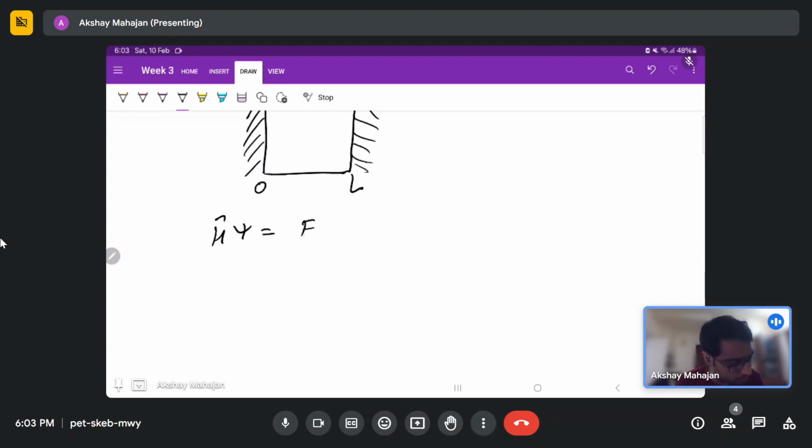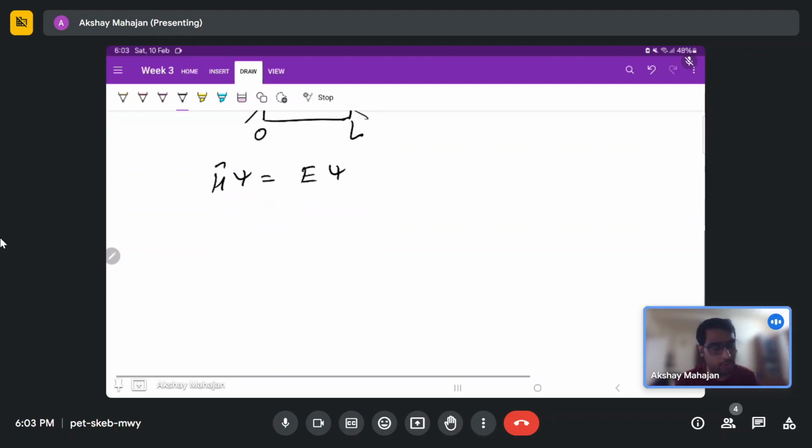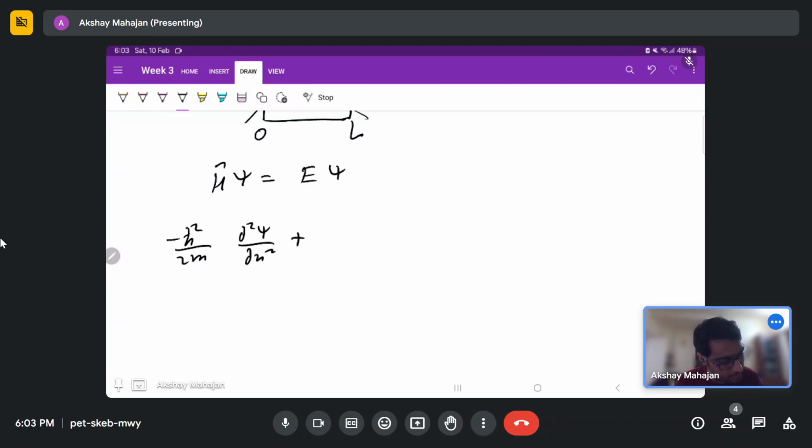This is our Schrodinger equation, where H is the Hamiltonian and the energy eigenvalue we can take as E. I can write the Hamiltonian as minus h bar squared by 2m del squared psi by del x squared, and there is no potential, equals E times psi.